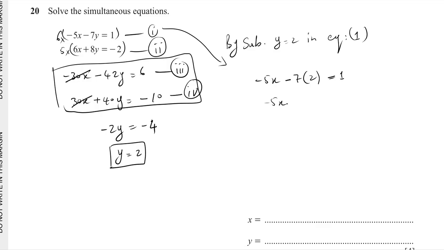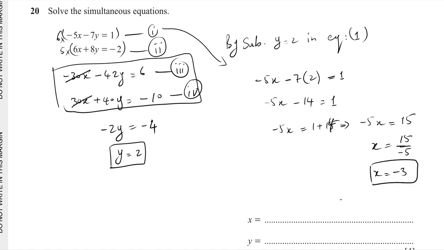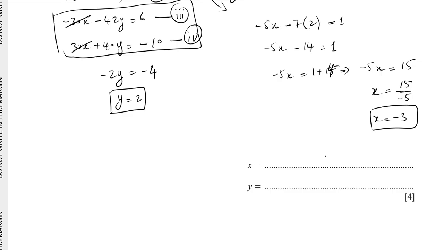Here we got negative 5x minus 14 equals 1. Bring the 14 onto the right hand side, 1 plus 14 is 15, so negative 5x equals 15, and x equals 15 over negative 5, so x equals negative 3. That should be your answer. So just write here x equals negative 3 and y equals 2.